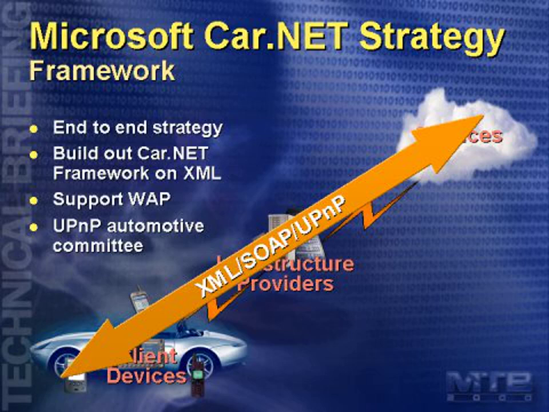The Car.net strategy overall, this used to be just the auto PC strategy. And with the emergence of .net, it became the Car.net strategy. So it was an important catalyst. The .net strategy was an important catalyst for rethinking about what we're doing in these spaces. So key thing is end-to-end strategy.